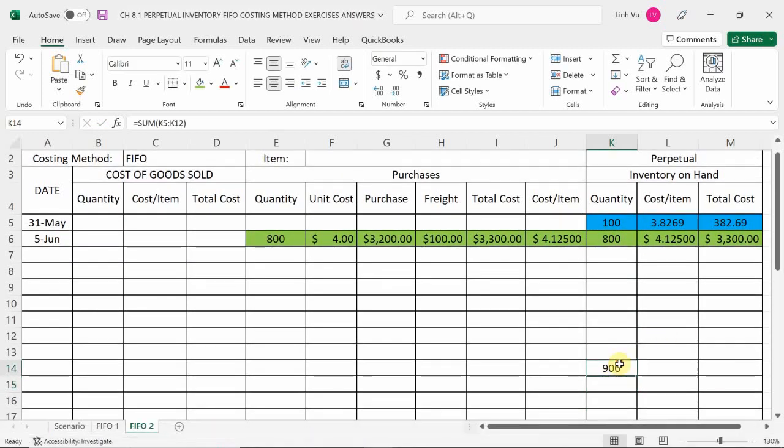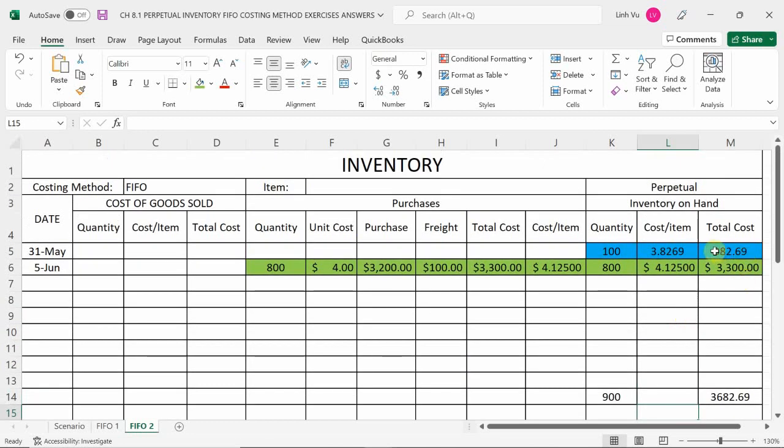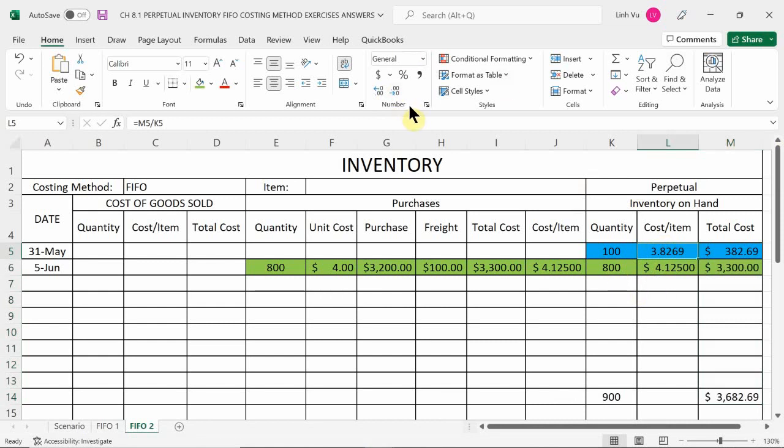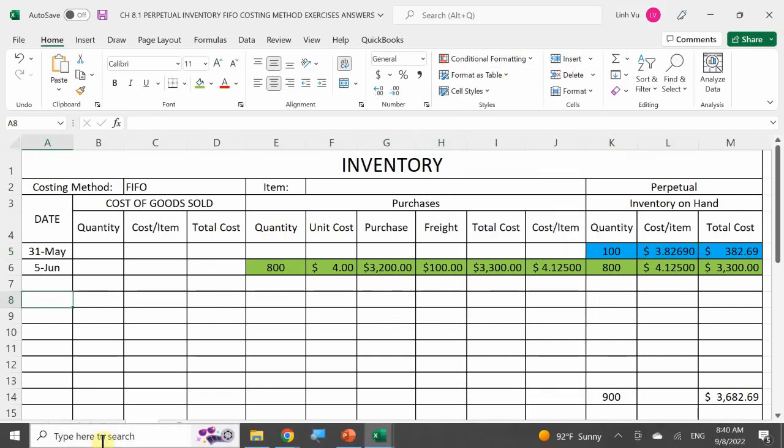So I have a total of 900 units available to sell, currently balanced at $3,682.69. So I have 900 units available to sell. Let's see what happened next.